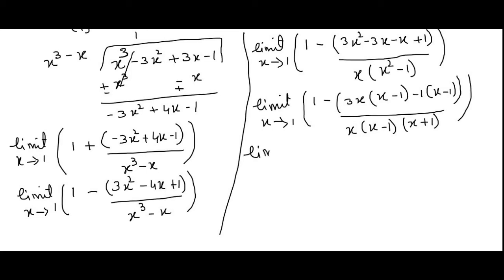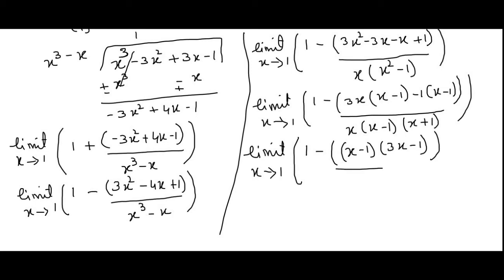Now limit x approaches 1, 1 minus (x minus 1)(3x minus 1). We have made the factors, and x minus 1 and x plus 1.